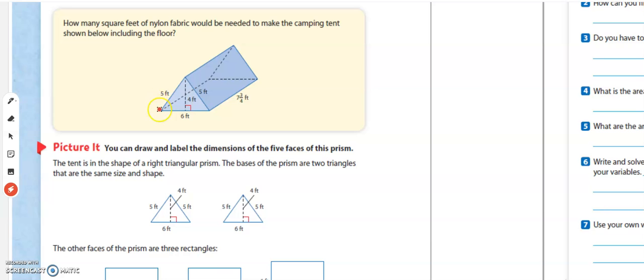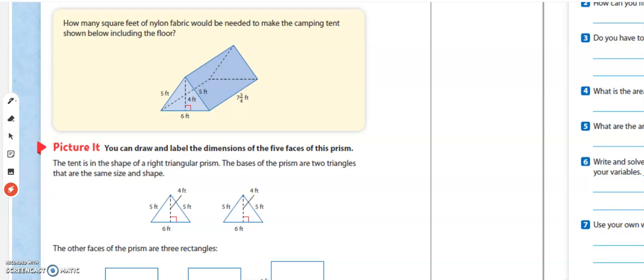The triangle is 4 feet high, right here, and it is 6 feet across. And because it's a prism, it's 7 3/4 feet long. And this length here is 5, this length is 5. This is 6, so that's 6.